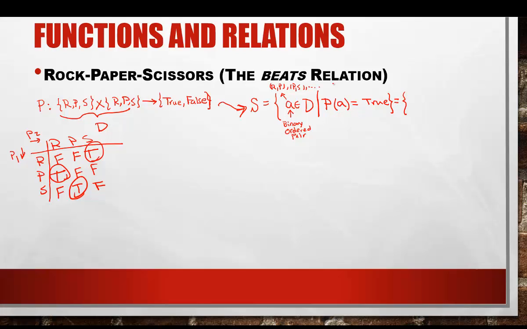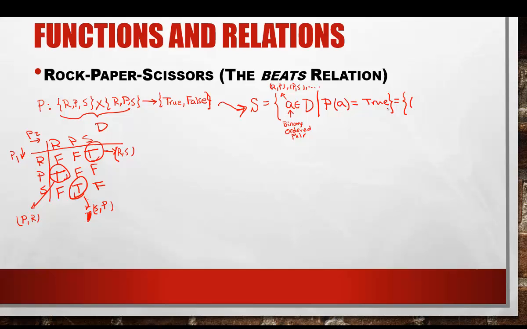Then this set S that represents beats is going to be a set of pairs. This is going to be the equivalent of R comma S, this is going to be the equivalent of P comma R, and this is going to be the equivalent of scissors for the first element and paper for the second element.